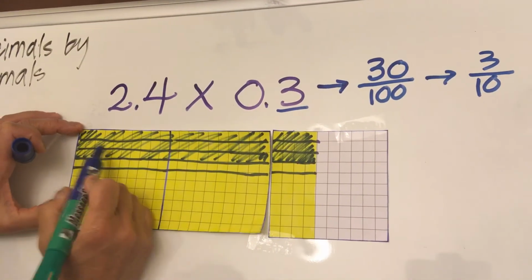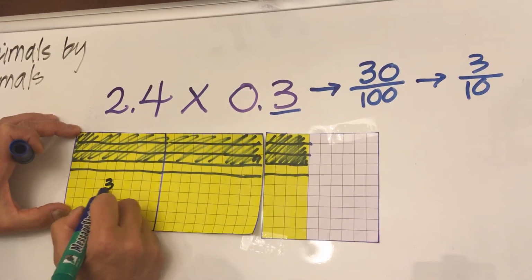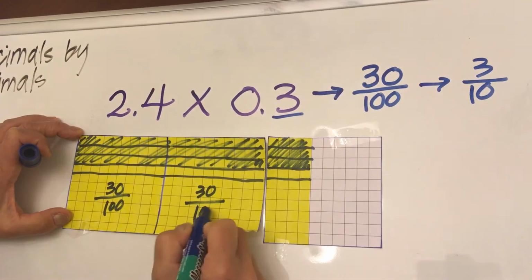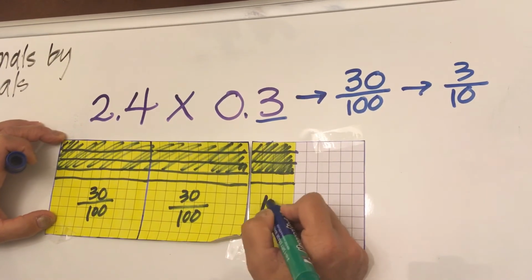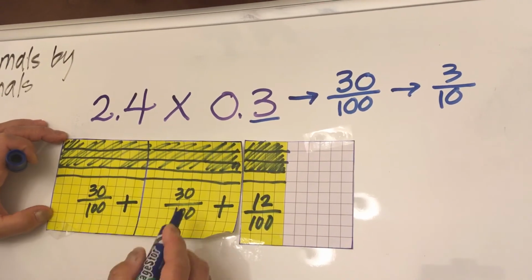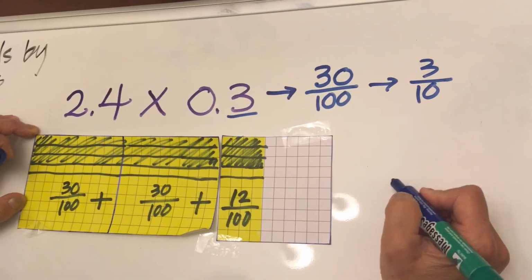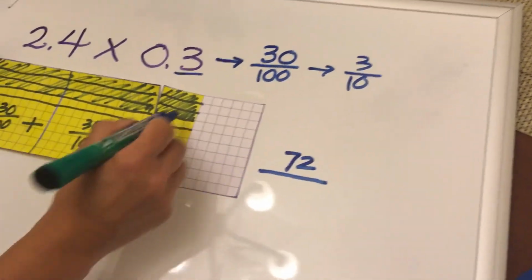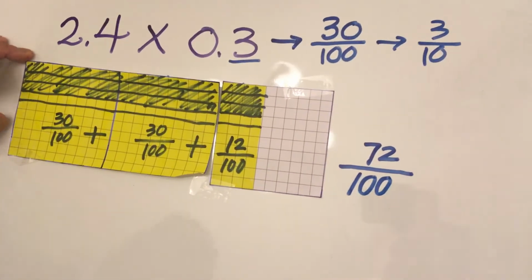So again, I've got this one whole. I can count squares. There is 30 squares here out of 100. Another 30 squares here out of 100. And there is 1, 2, 3, 1, 2, 3, 4. So there is 3 times 4 is 12 squares that's covered. Now, if I just add it all up, 30 plus 30 and 12 gives us what? 60, 72. So we have 72 squares that's doubled up, and that is over 100 squares.